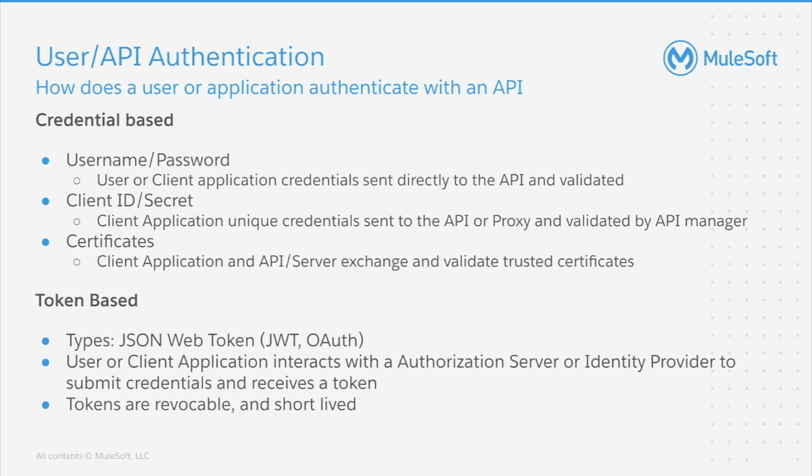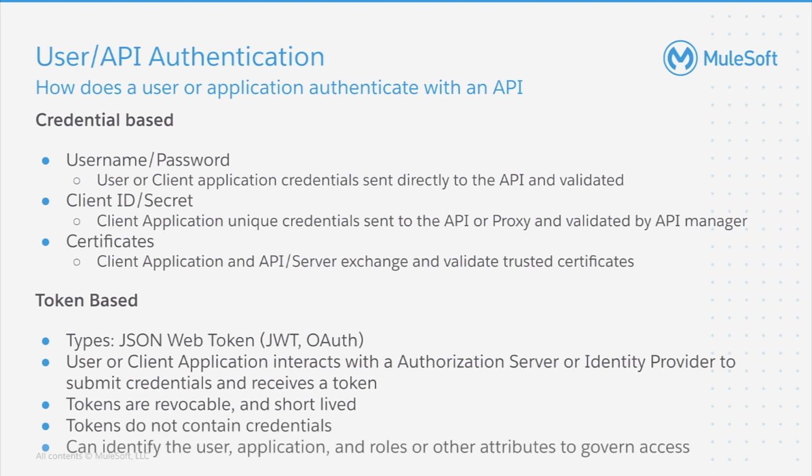The API receives a token and can use API Manager policies to validate the incoming request. And while the tokens do not contain credentials, they can store many different attributes about the request, including ways to validate that the token is genuine, the user context, client app identifier, roles, scopes, and other attributes that can be used by the API implementation to determine what data to return and which actions to permit.